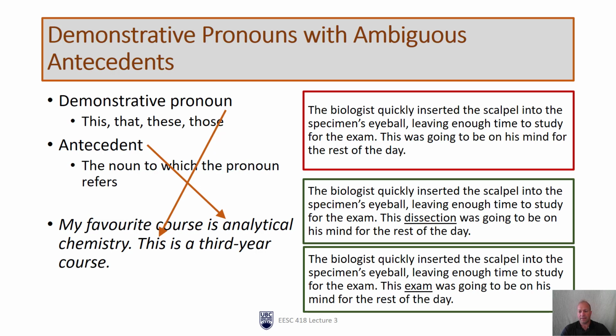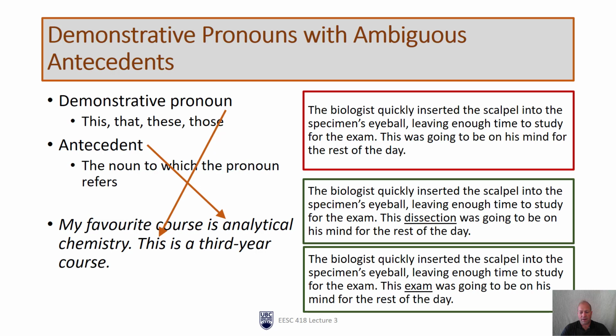So this dissection was going to be on his mind for the rest of the day. You'll notice that I didn't use the word dissection in the first sentence. So now I've restated the antecedent as an overall concept. So what's going to be on his mind? The overall dissection. And that's actually what I meant the first time I wrote this, but it wasn't clear.